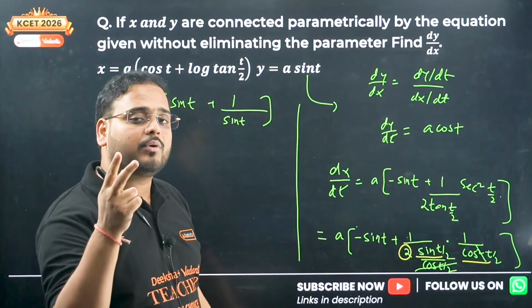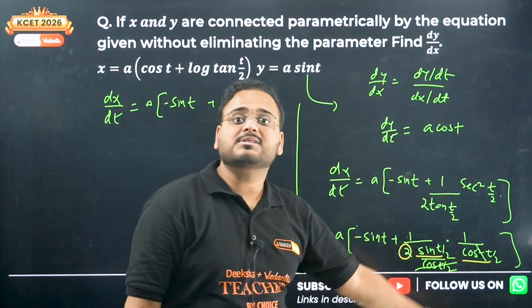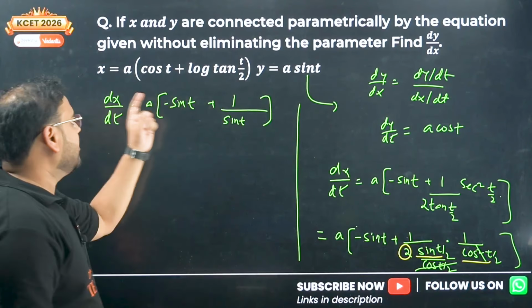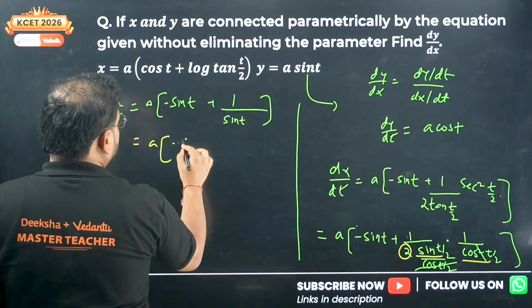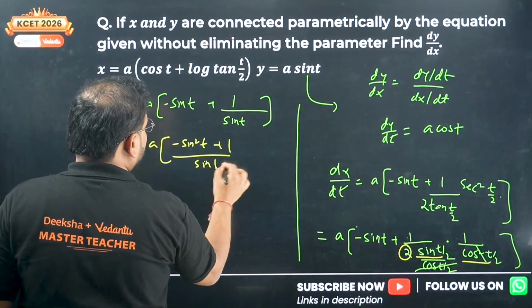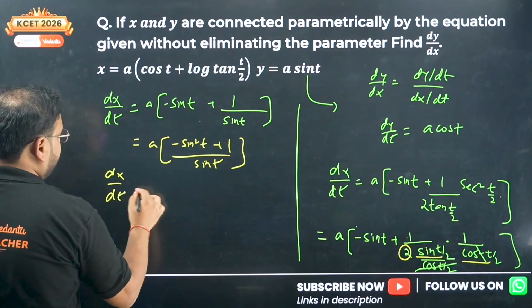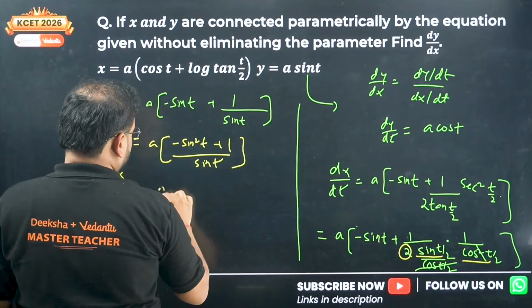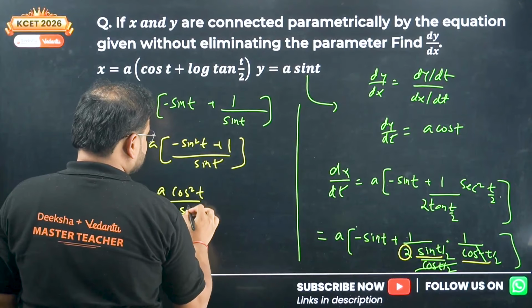Formula of sin 2a: 2 sin a cos a. Same approach, 2 sin a cos a becomes sin 2a. So the answer is sin t. Multiply now, you get a, it will become minus sin square t plus 1 upon sin t. So we have dx by dt as, check this out, a cos square t upon sin t.